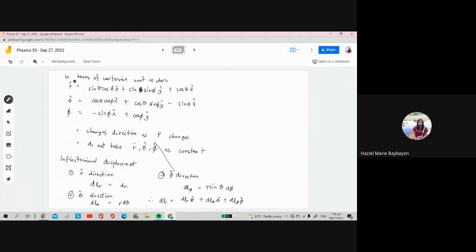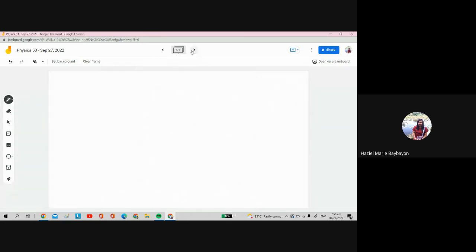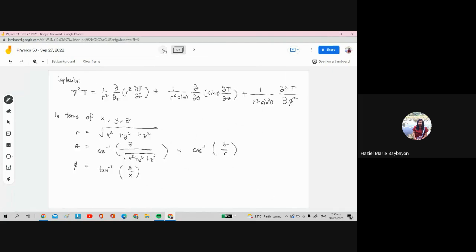Now let us express the Cartesian unit vectors in terms of the spherical polar coordinates.